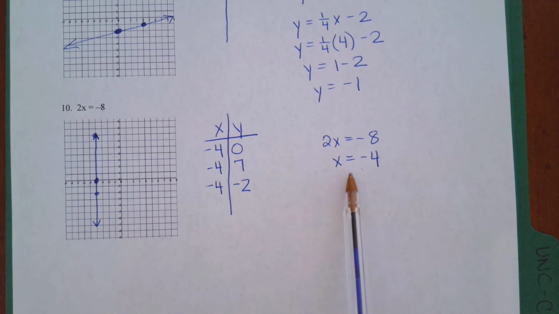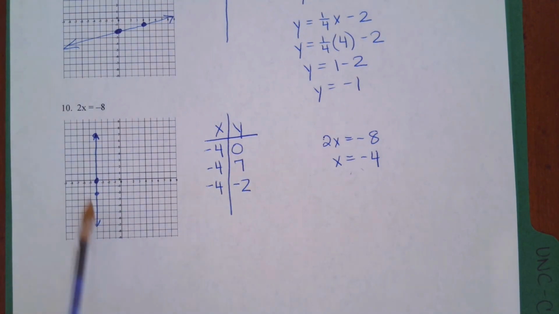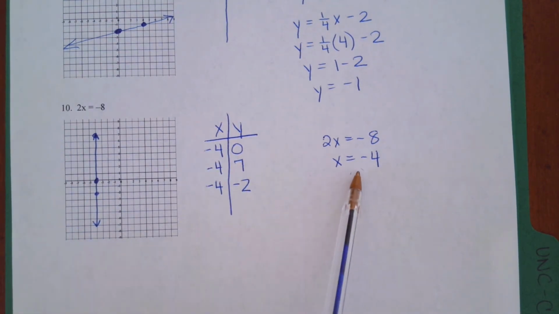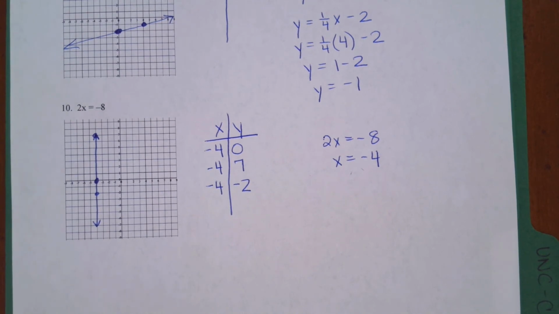So all the ordered pairs you're picking have the same x value right there. Hopefully that shows you why those are vertical lines and not horizontal lines. X has to be -4. All right, so I picked 3 points. You only needed 2, but that's how you would do those.